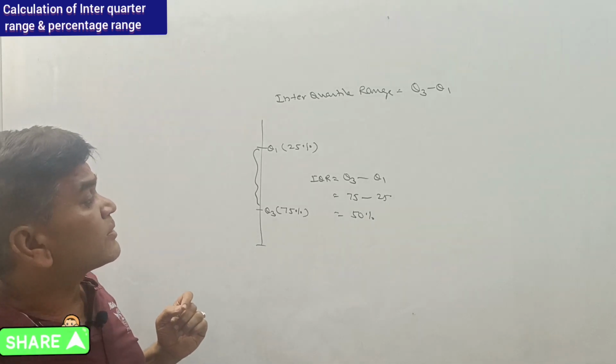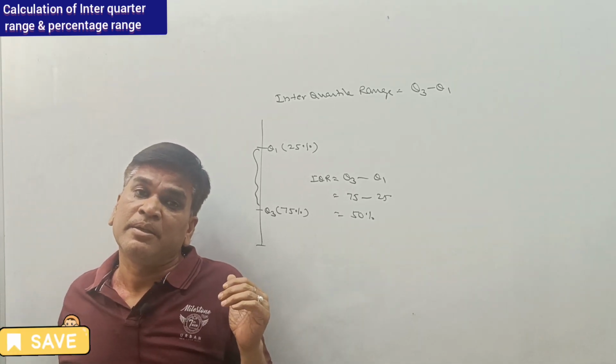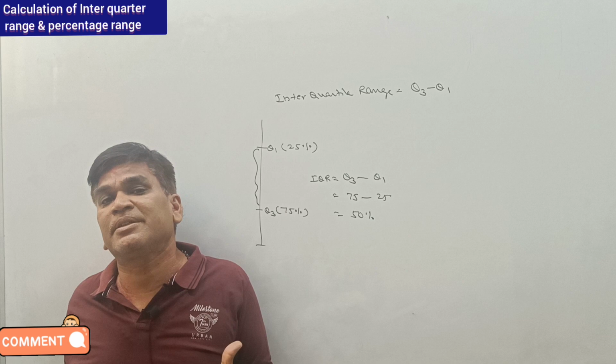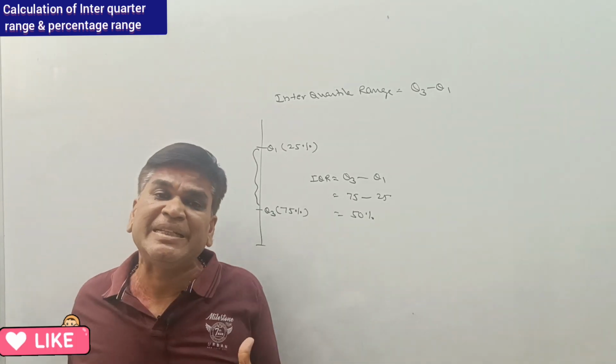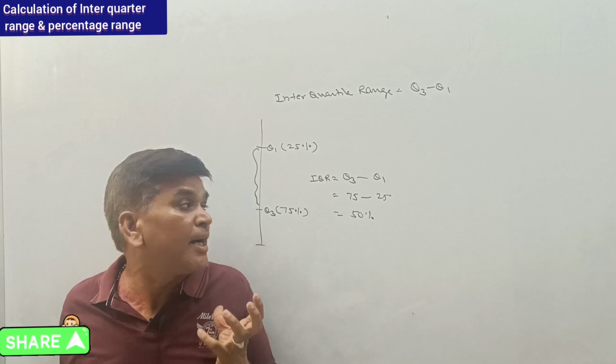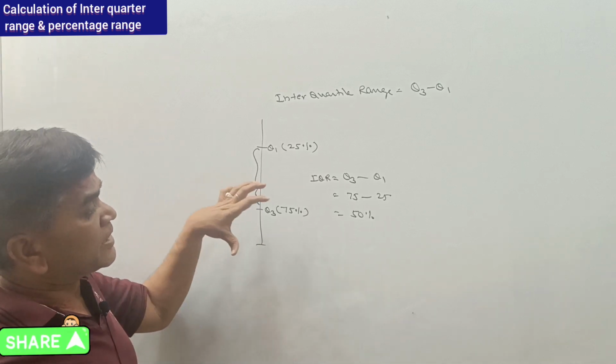Second, if we are to calculate the dispersion of the middle 90% of the data, then we have to calculate the percentile range, that is called PR. So this is clear.